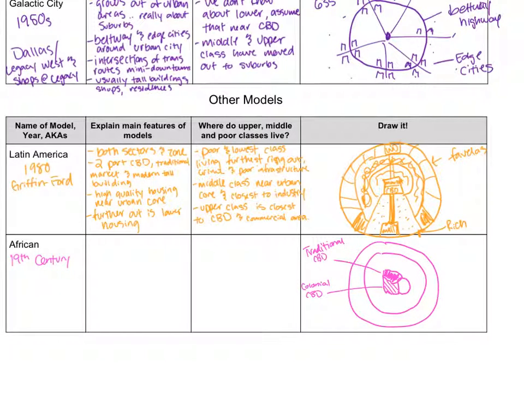Okay, and then you have this separate section over here, and that is called our market zone. So think like this is very informal. It's where people go to sell their goods. It's very temporary.